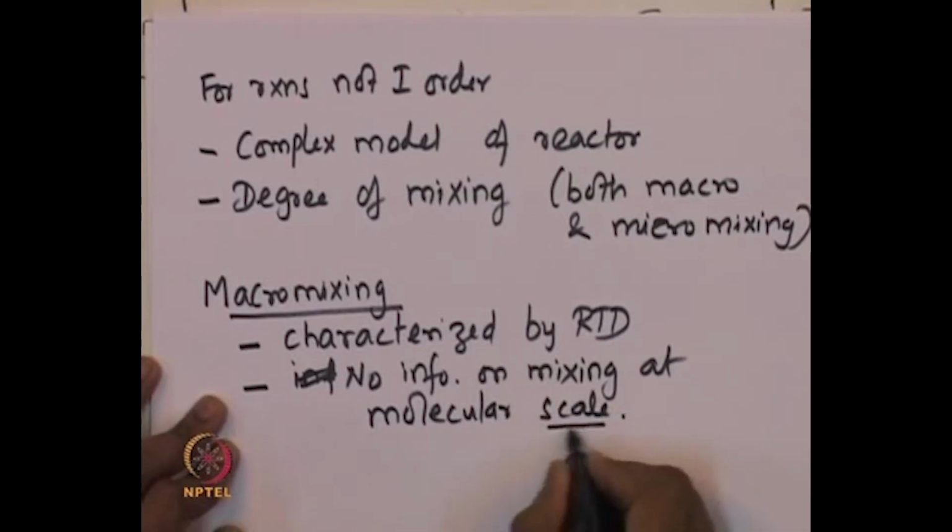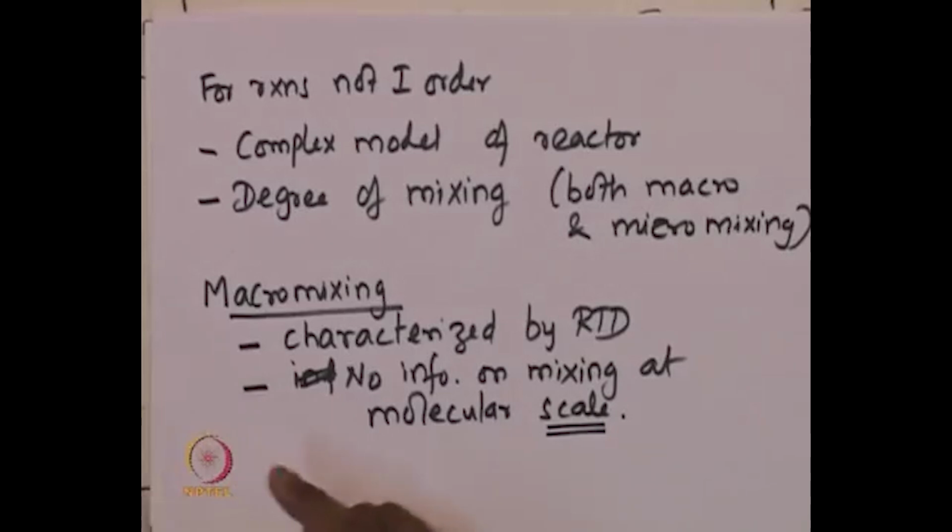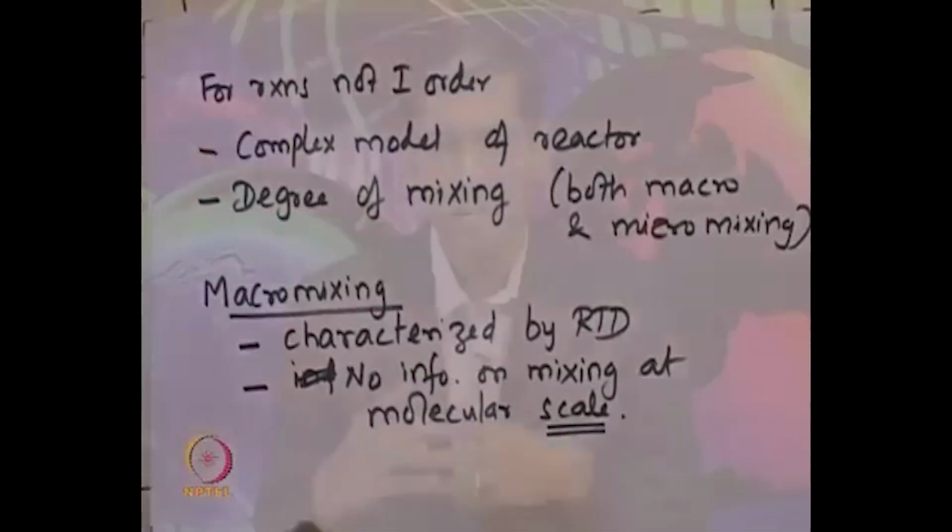Now, it is important to pay attention to what the scale means here. Remember that the fluid particles, fluid elements which are flowing through the reactor essentially consist of atoms and molecules. Now, there may be interactions and exchange of matter at the molecular scale, and in another extreme, there may be a situation where there may be lumps of molecules which do not interact with each other.